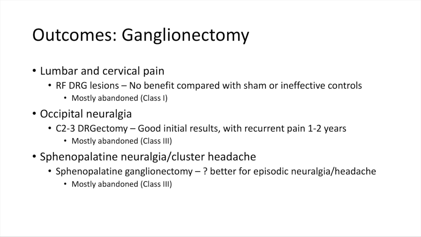Slappendel and associates reported in 1997 that they found no difference in outcome between patients receiving RF lesions at 60 degrees centigrade and those receiving lesions at 40 degrees centigrade for cervicobrachialgia. In another study, a case series of 61 patients with sciatica, 59% of patients had markedly reduced postoperative pain at follow-up ranging between 1 month and 15 years.